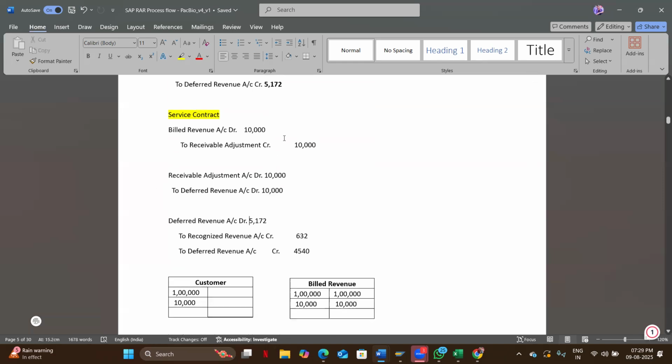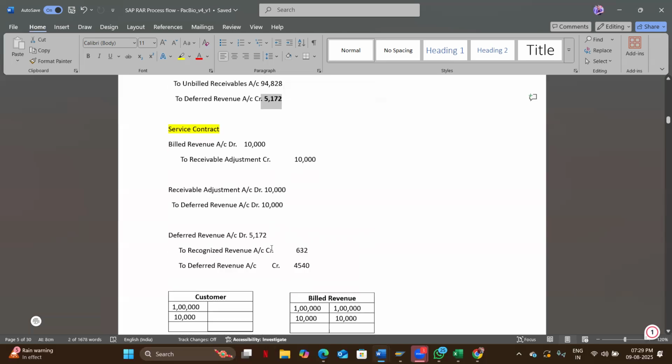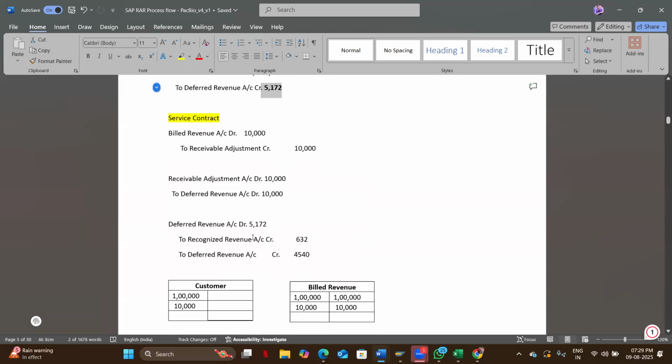First we have 5,172, as calculated here. From 5,172 to recognized revenue 632, the remaining amount also went for deferred revenue. This is the deferred revenue.